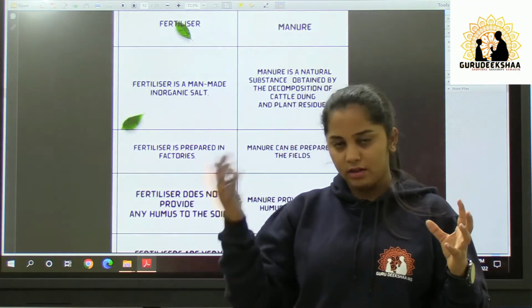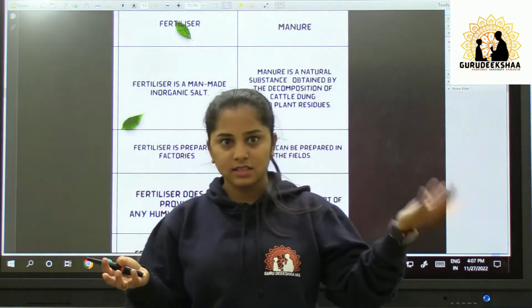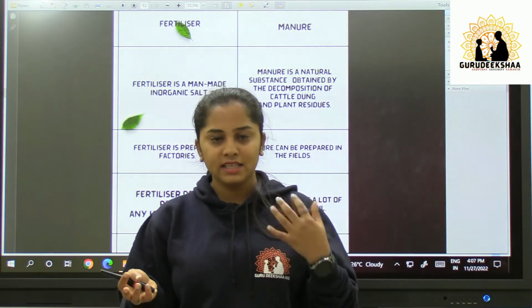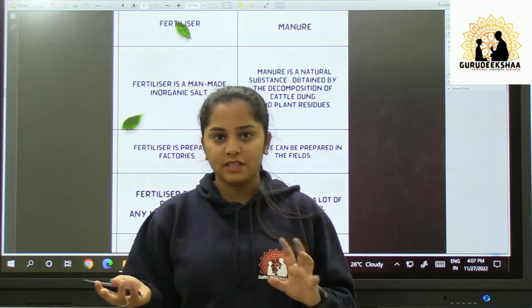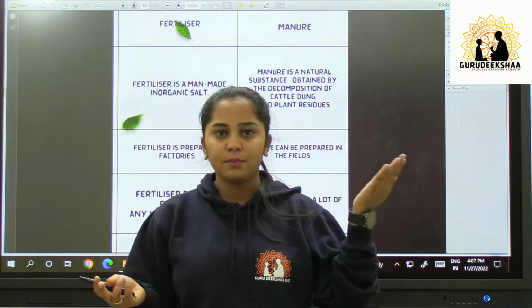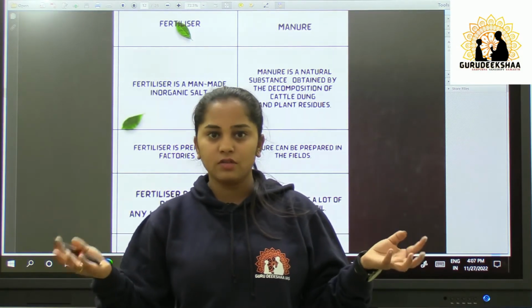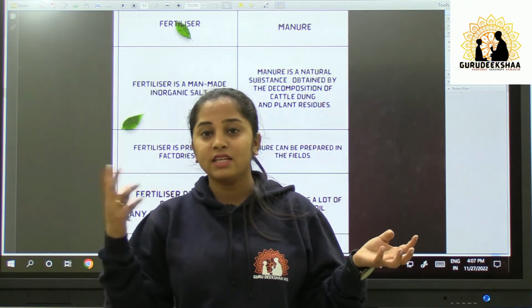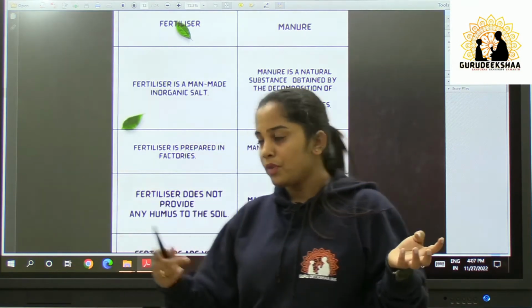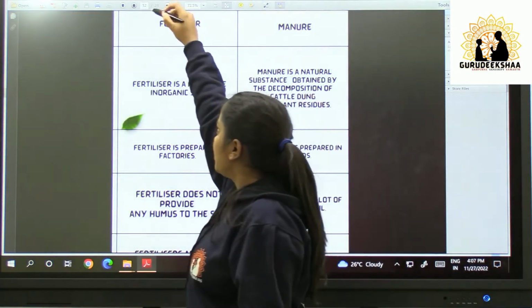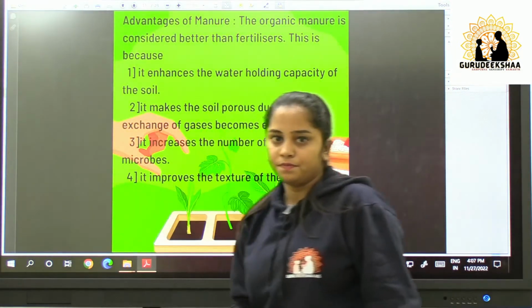The fruits are organic, and this is again a supply which you are taking in. So there is a difference: this is purely man-made and this is very natural, which you should take in, and it doesn't have any side effects. Okay, that is a major difference between fertilizers and manure.